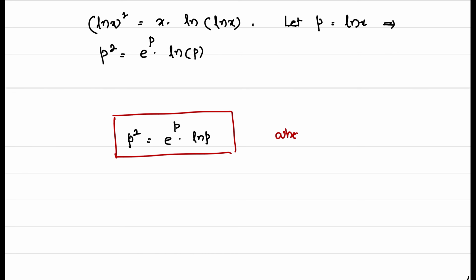Where p is equal to ln x. Let us say it is greater than 0 for positive values of p. Now, we have to find the greatest integer value x.